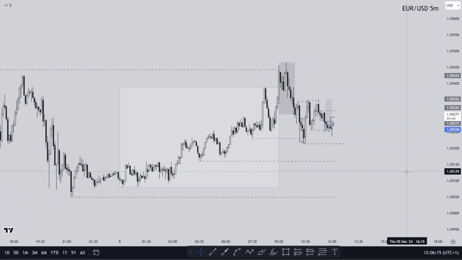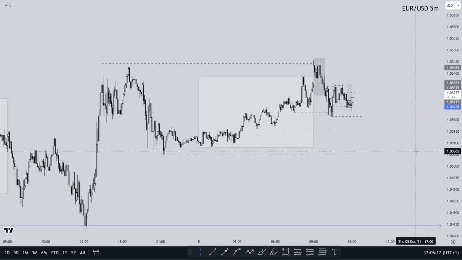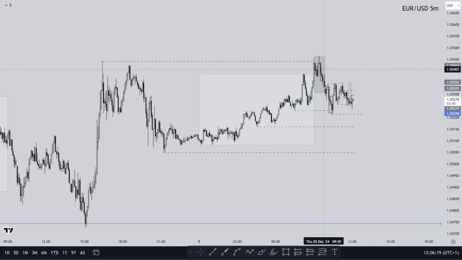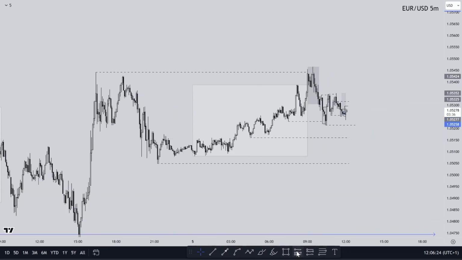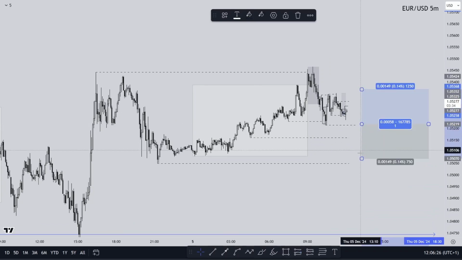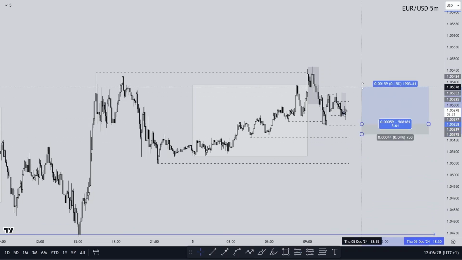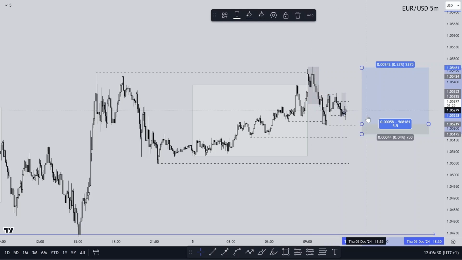But by the way, of course, I try to catch a long, and the lower the price goes, the better for me, because if the price reacts from this level and I try to catch a long from here to the high of the day, it will be a 3R.